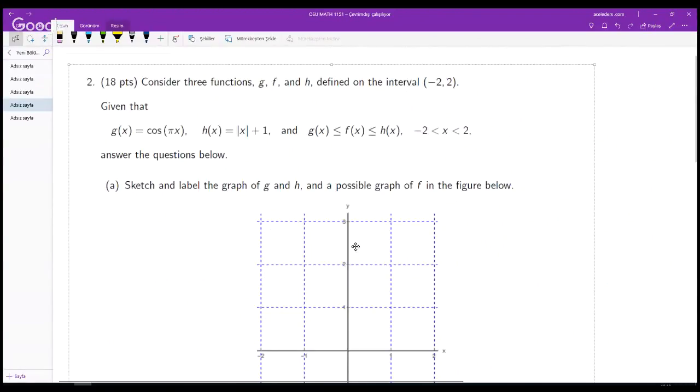So now, question 2. We have three functions g, f, and h defined on the interval -2, 2. It's an open interval. Given that g(x) equals cos(πx), h(x) equals the absolute value of x plus 1, and g(x) is smaller than or equal to f(x), and f(x) is smaller than or equal to h(x).